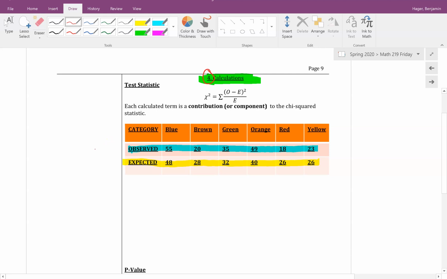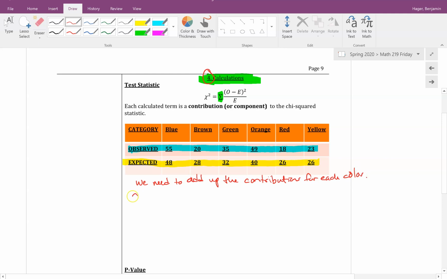So now what I need to do is build this test statistic, the chi-squared test statistic, and it's the sum. I have to add up the contribution from each of these colors. So we need to add up the contributions for each color.